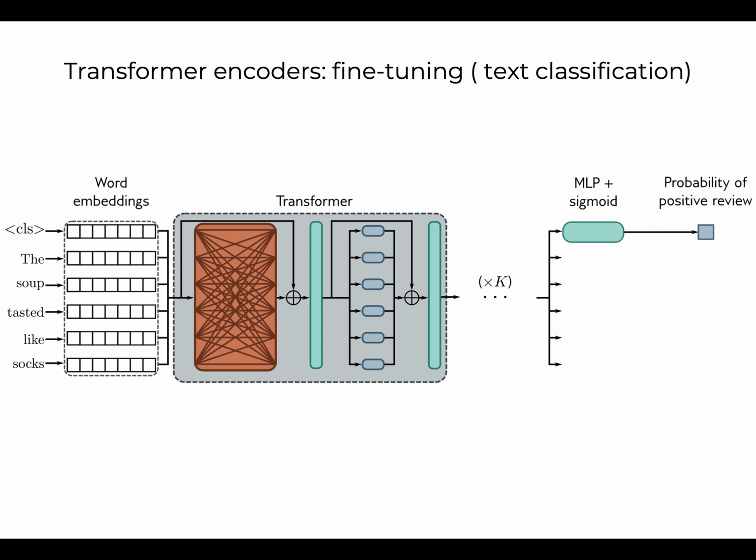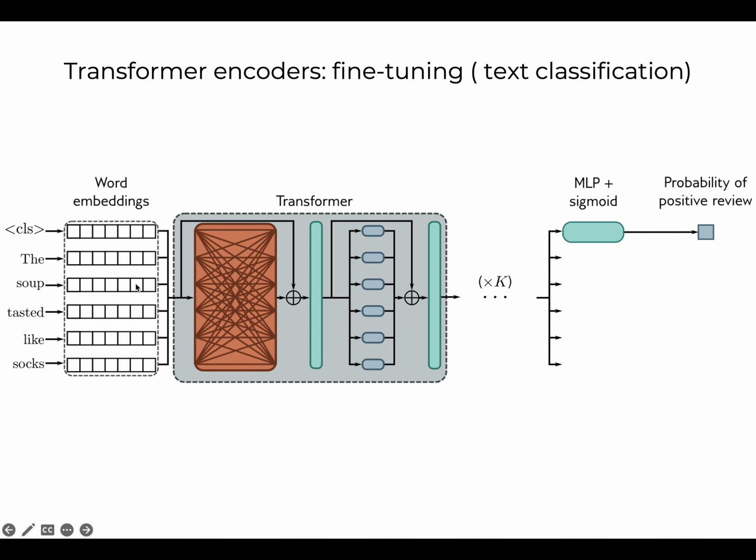So for example, I might decide to train for text classification. So now I want to be able to input sentences like "the soup tasted like socks," and I want my transformer model to give me the probability that this comes from a review that was positive about the restaurant.